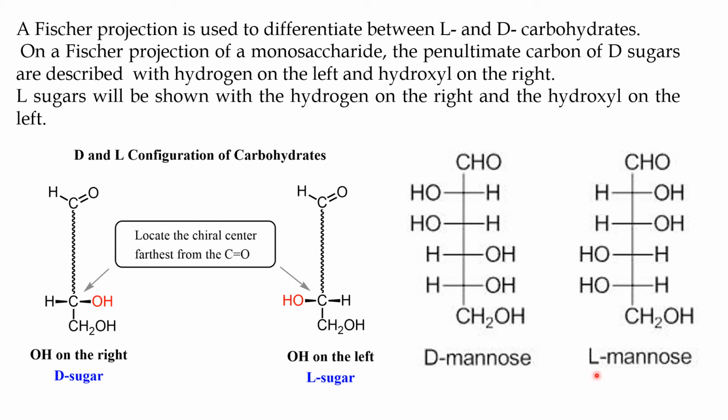So the DL system is a relative configuration based on D-glyceraldehyde and L-glyceraldehyde. By comparing the position of the OH group in D-glyceraldehyde and L-glyceraldehyde, we consider other compounds as D or L. Very, very important. Take down.